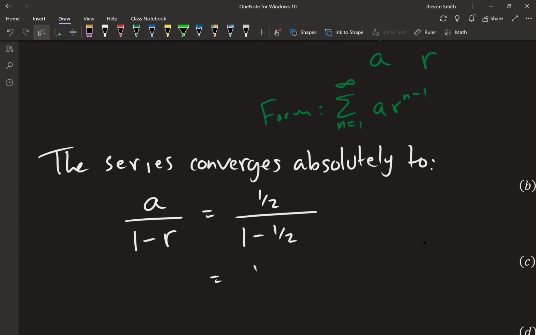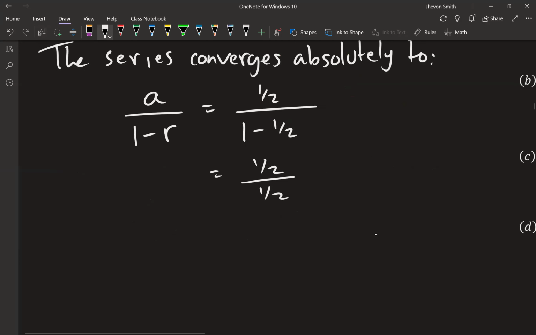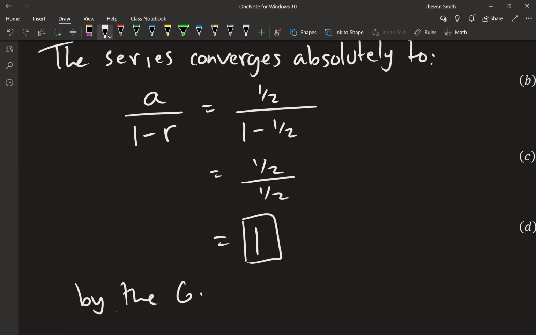Well, that's just a half over a half. And look at that. It's actually 1, the answer that we got before. It converges to 1 by the geometric series test. So this series actually converges. In fact, it converges to 1.